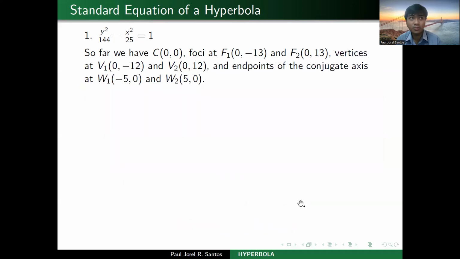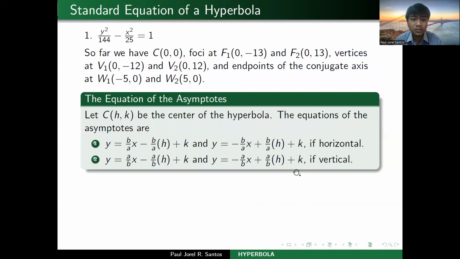Okay, but we are not yet done, no? Because we will determine the equation of the asymptotes. Again, let's see, having the coordinate hk be the center of the hyperbola, the equations of the asymptotes are, okay, again, we will be using the first one if the hyperbola is horizontal, while the second one if the hyperbola is vertical.